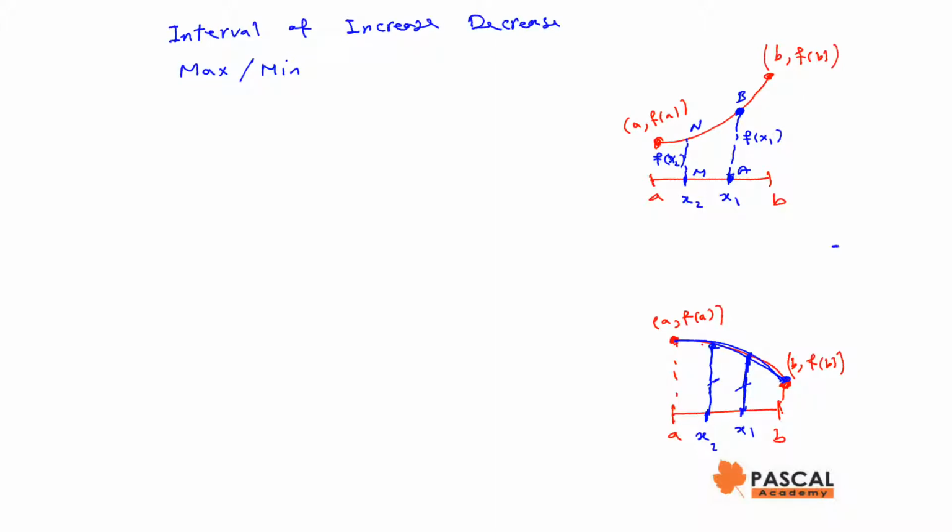Therefore, if we consider any part of the interval and draw the secant line, the slope of the secant line is positive. The slope of the secant line is positive when we join the end points of the interval, or if we join any 2 points on the graph.